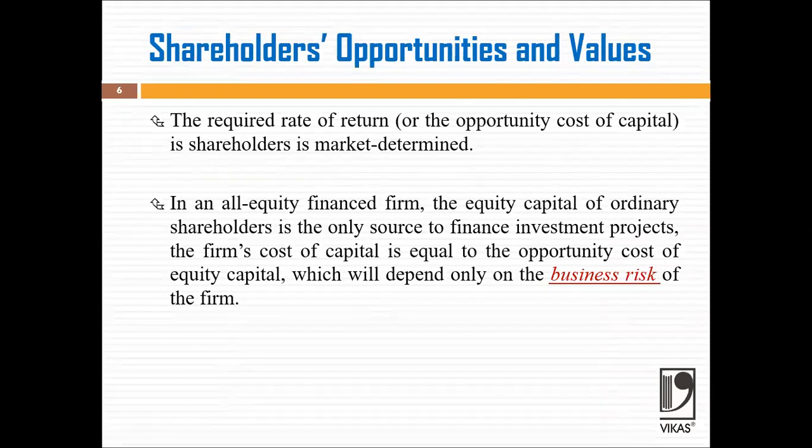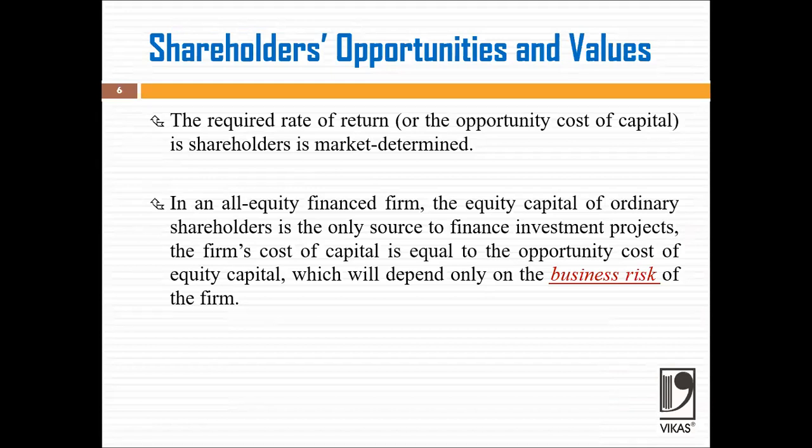In an all-equity financed firm, it means 100% financed by equity. There is no debt in their capital structure. The equity capital of ordinary shareholders is the only source to finance investment projects. The firm's cost of capital is equal to the opportunity cost of equity capital, which depends only on the business risk of the firm, right?